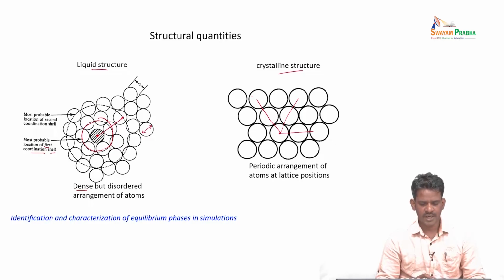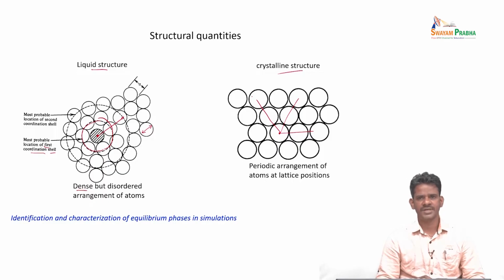What we intend to do in this approach is to find out what kind of atomic or molecular arrangements exist when you simulate a system. When you want to study a system in MD simulations, the first thing to do is to set up a potential energy, and then you proceed by solving either with the MD technique or the Monte Carlo simulation technique, and then you try to study the system at equilibrium.